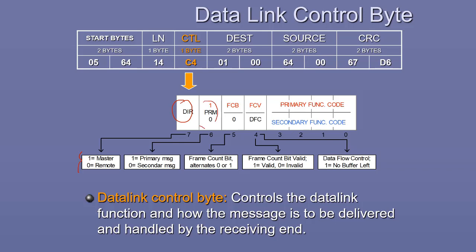If bit 2 is set to a 1 or a 0, this tells us, is this a primary message or a secondary message? And so on. We have frame count bit valid, and then we have the primary and secondary function codes. So let's take a closer look at the primary and secondary function codes.